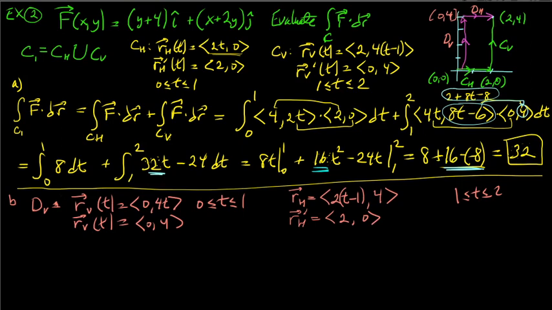Okay, so to calculate the line integral over the curve D, which is a piecewise smooth curve, it's just the two lines. So same vector field F. And so again, we have to split it into the vertical and horizontal parts. This time we do the vertical first, and then we do the horizontal.